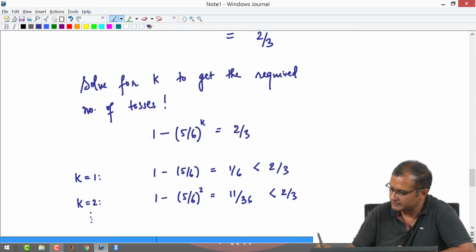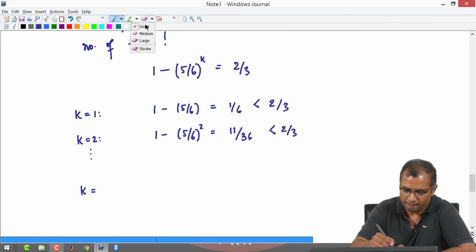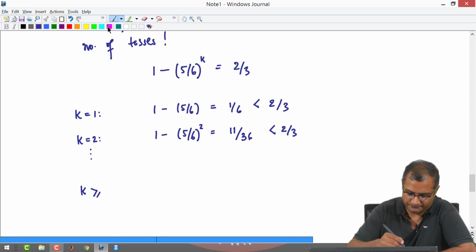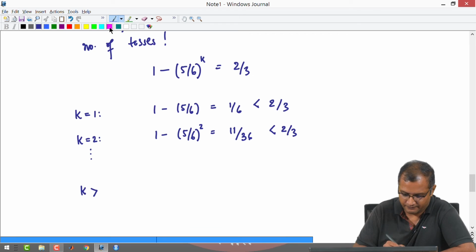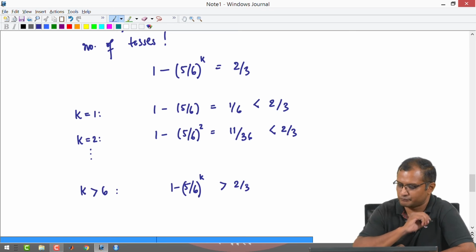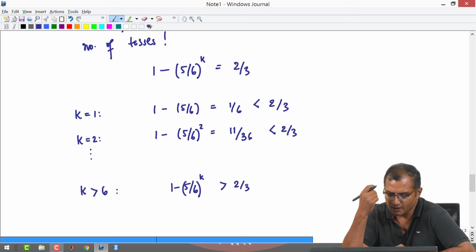So, this way you keep on increasing k. Eventually, you will see that for k greater than 6, 1 minus (5/6)^k is greater than 2/3, because as k increases, (5/6)^k will become smaller and smaller, since 5/6 is already less than 1.